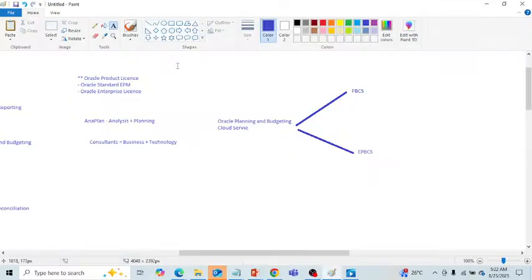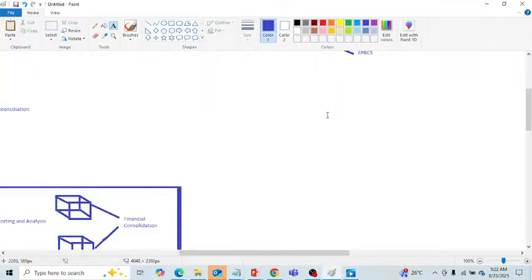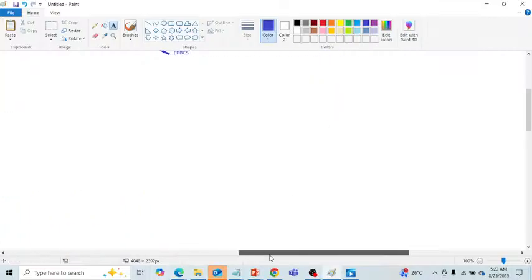As we are emphasizing more upon the PBCS, because it is our main domain, because we will see how we can make the things from scratch, but let's have attention on the EPBCS also, what are the main programs as well as the attributes of EPBCS, and what functionality templates it has. So we will draw here.